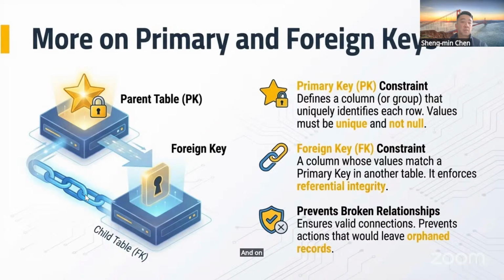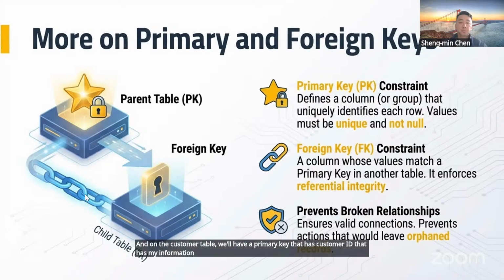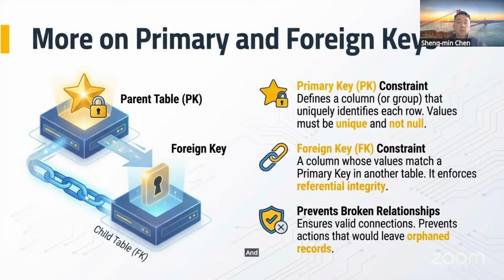And on the customer table, we'll have a primary key that's customer ID that has my information on, right? And the extension of referential integrity here, after the insert, is: what if today, for some reason, there is some type of programming event that is about to delete me from the customer table, right?